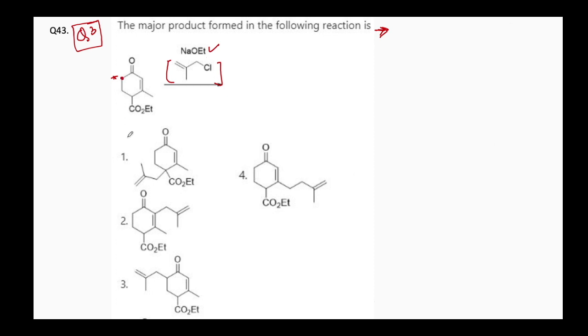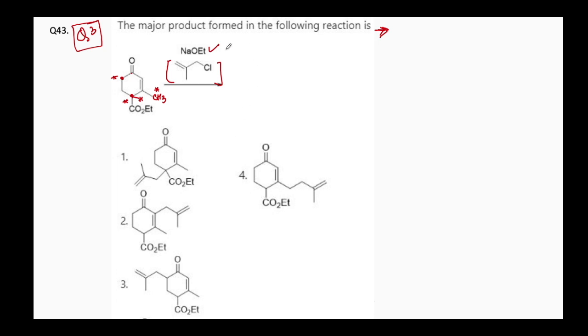This is one position where there are protons next to the carbonyl, and an enolate can form. This is another position where acidic protons are present because there is conjugation on this side and an ester on this side. Also, this methyl is going to be a little bit acidic because of the extended conjugation.